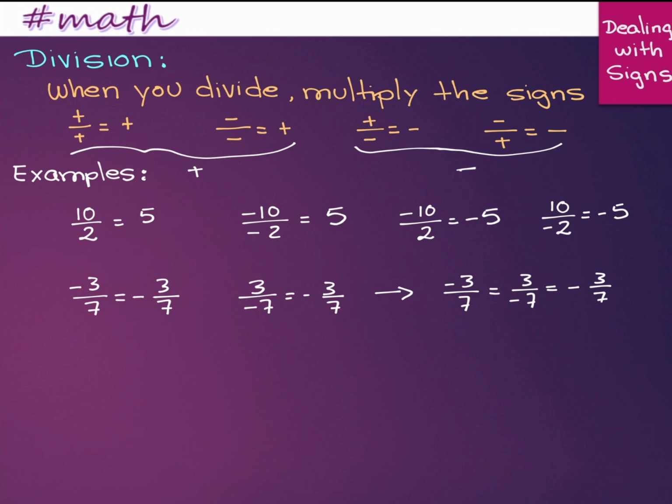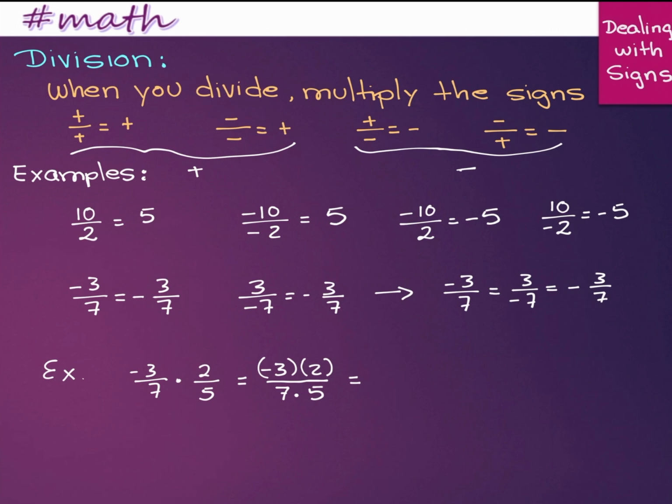Let's see one example of multiplication of fractions dealing with signs. Let's multiply negative 3 over 7 times 2 over 5. Multiplication of fractions is you multiply numerators and multiply denominators. So we would have in the top negative 3 times 2, and in the denominator we will have 7 times 5.